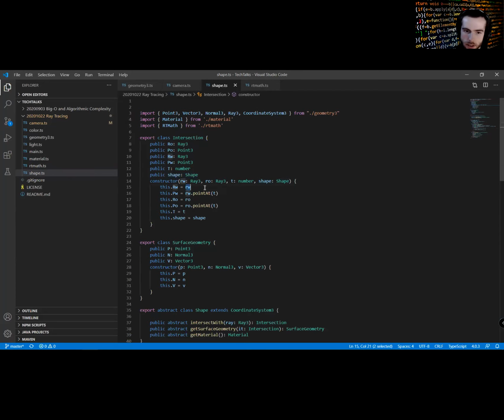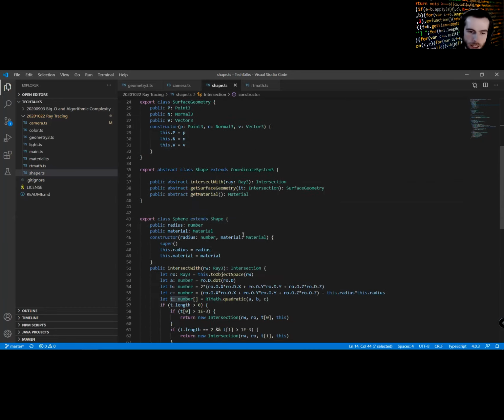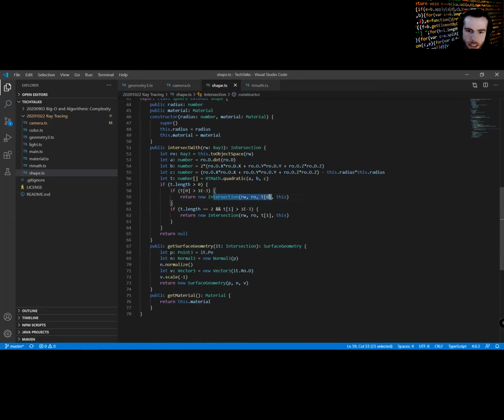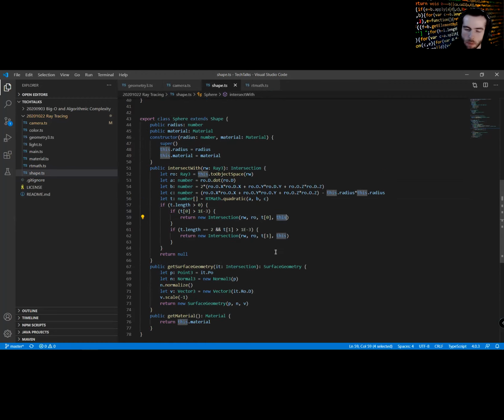The constructor just takes the two rays, the ray in world space and the ray in object space, and then I initialize the points from those using the t value. So we get t. If the first number is good, then we return a new intersection using those two rays and the t value, and this is the shape, of course.